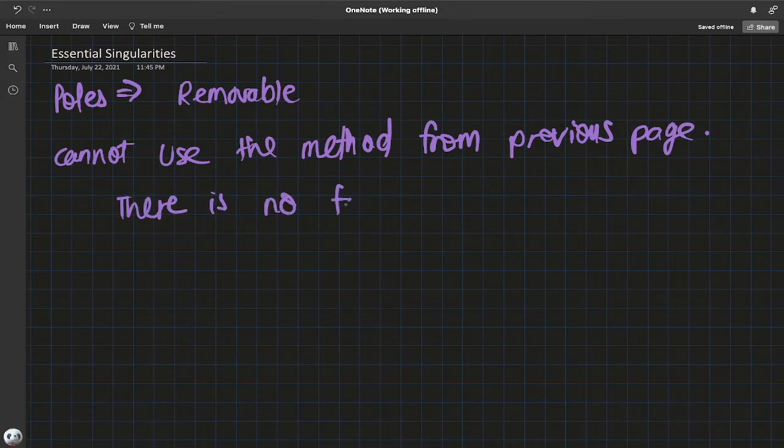there is no finite order for these guys.